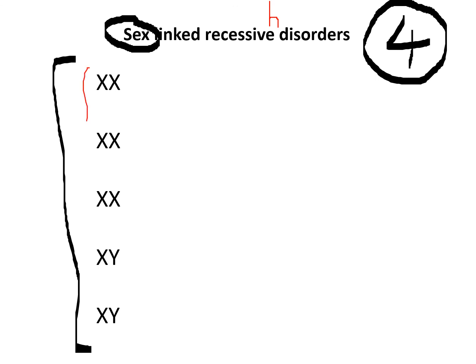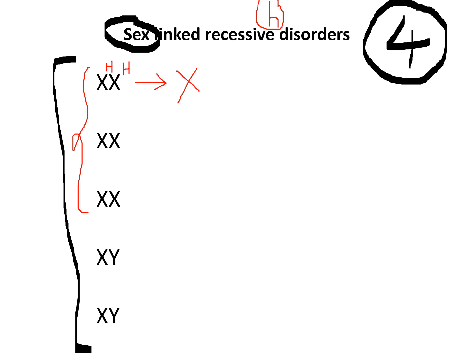So there are 3 possibilities in a female. Firstly, a female can have X capital H, X capital H, which means that she is dominant for the idea of hemophilia, and hemophilia is represented as a recessive trait. So in this instance, there will be no hemophilia.